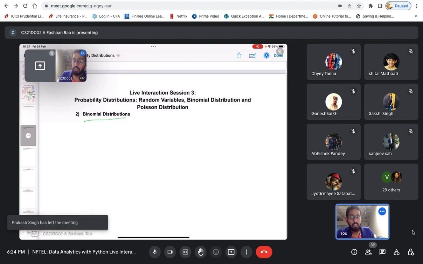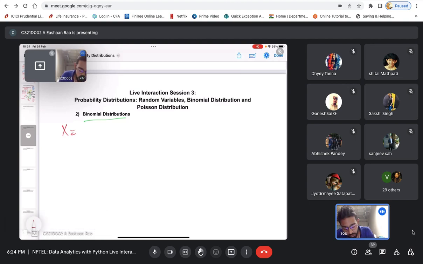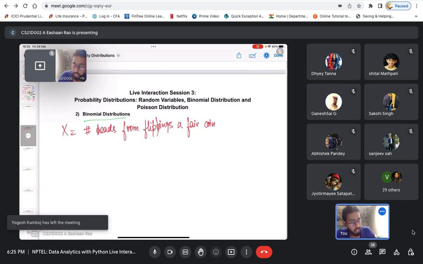Okay, so let's take an example where we have a random variable X, and we are saying that it is the number of heads, I'm writing # as a short form for number, from flipping a fair coin five times. Fair coin means it's unbiased, and it gives an equal chance of getting head or tail.